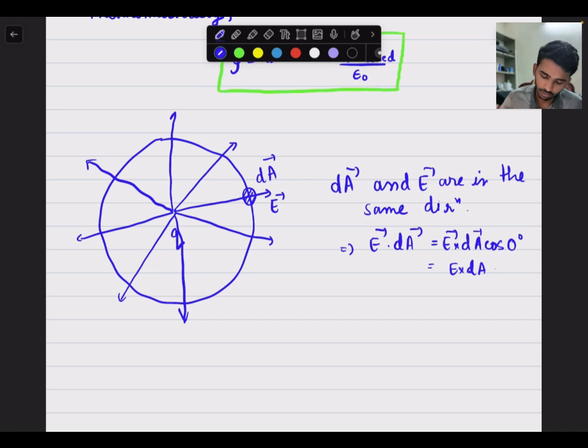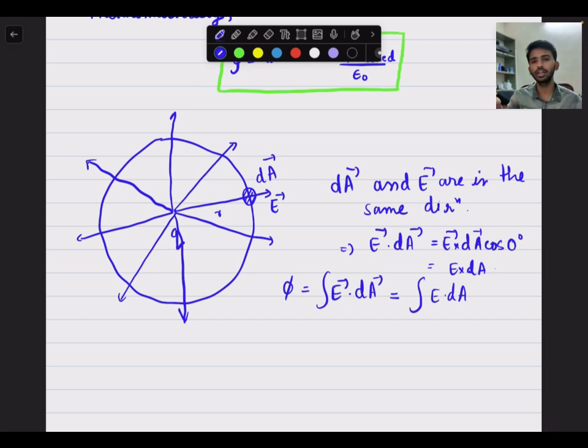So now we know that flux is given by integral E bar dot dA bar. We already know that E bar dot dA bar is directly equal to E into dA in this particular case. So which makes this integral a simple integral E into dA, and we know that at a distance r, the electric field due to a point charge is constant. So I mean, in any direction, the magnitude of the electric field due to a point charge at a distance r would be same.